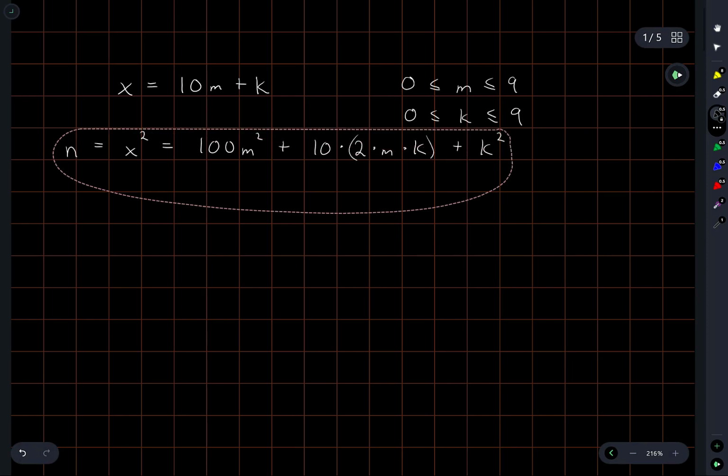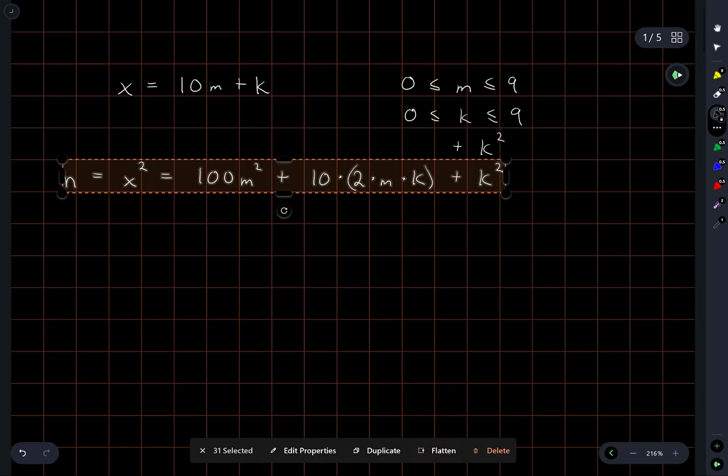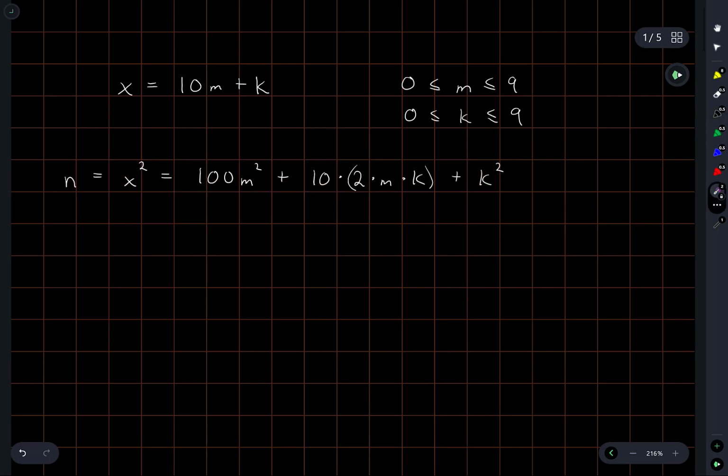The reason I've written it like this is because we're concerned with the last and second last digit of our number. So I've written this out almost like a base 10 expansion where I have 100, 10, and then whatever is left over here. But what we need to take into account now is the fact that k squared might be greater than or equal to 10, meaning there will be some carryover into the tens digit.